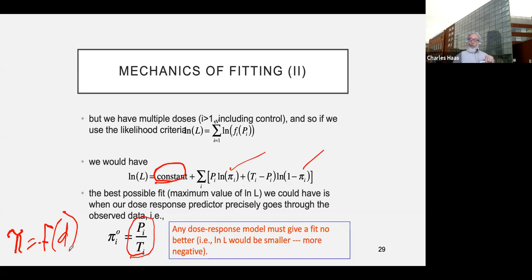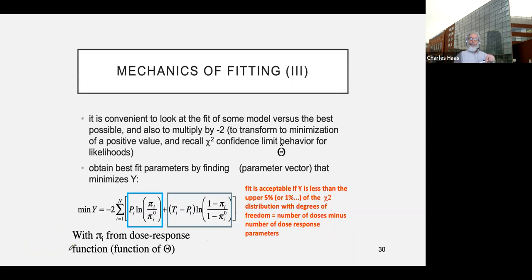The same thing here with likelihood. This is just a mathematical simplification. We want to minimize the quantities on the right, which could be from a dose response function, exponential, beta Poisson, or something else.